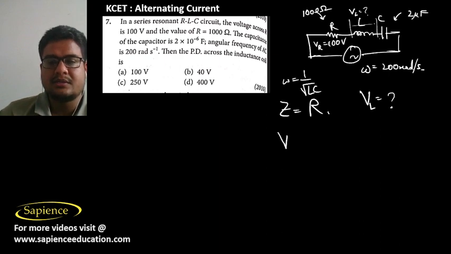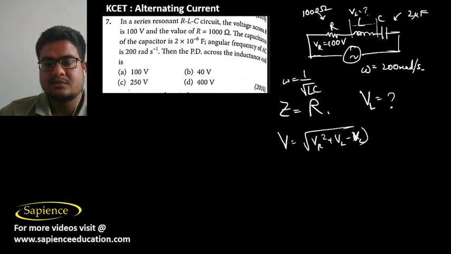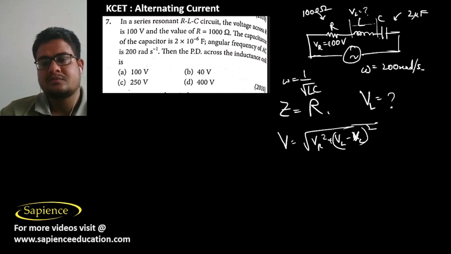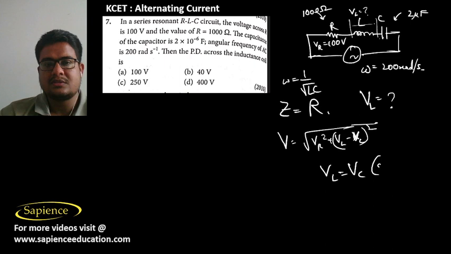So the net voltage will be equal to the square root of VR squared plus (VL minus VC) whole squared. VL is equal to VC since it is a resonant circuit.